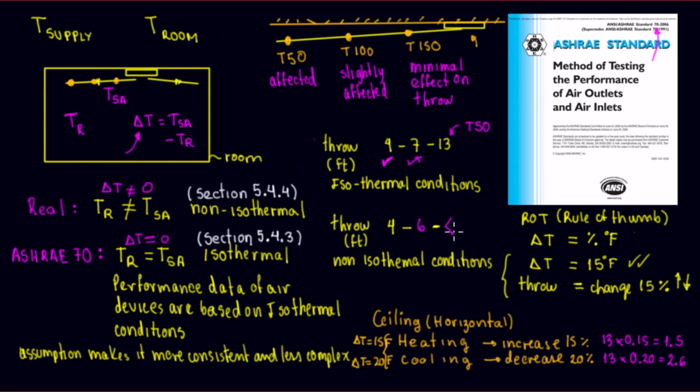So what happens is, if this is heating, I'm going to put in here, there you go. For example, if this is heating, my original isothermal condition was 13. 13 plus, yes, plus, because it's an increase. So 13 plus 1.5 is going to be 14.5. It increases. And for example, for cooling, it's going to decrease 20%. Why? Because I'm assuming my delta T is 20.